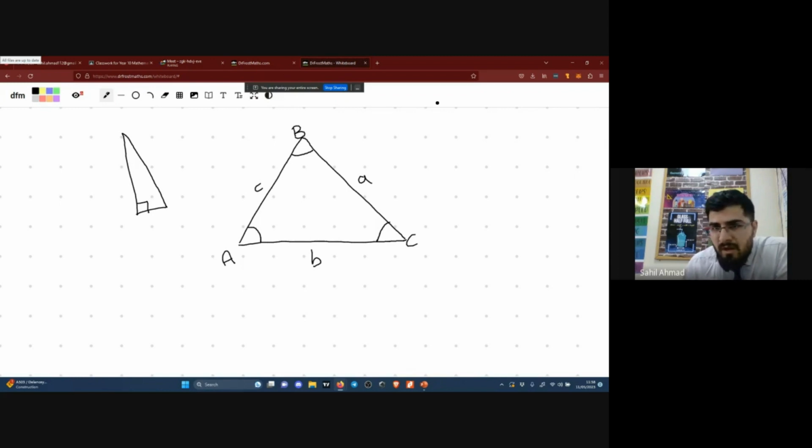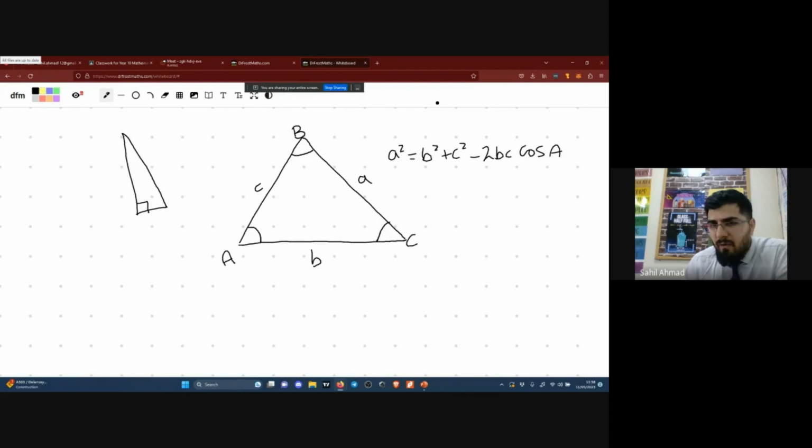So the length formula for working out length A goes like this: A squared is equal to B squared plus C squared minus 2BC cos big A. So this is the formula for working out the length of side A.